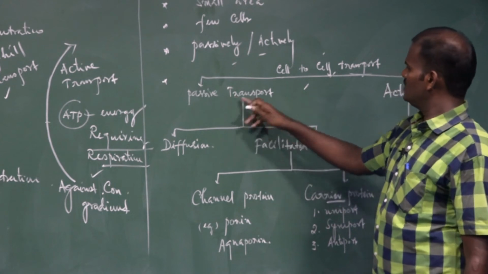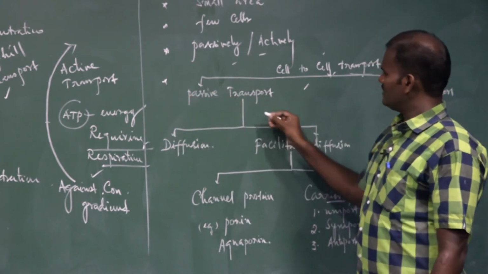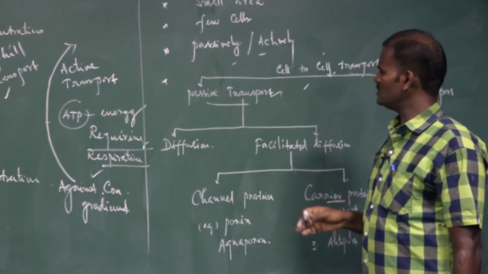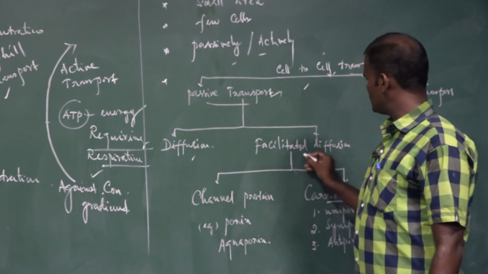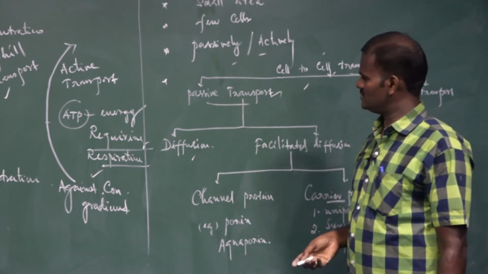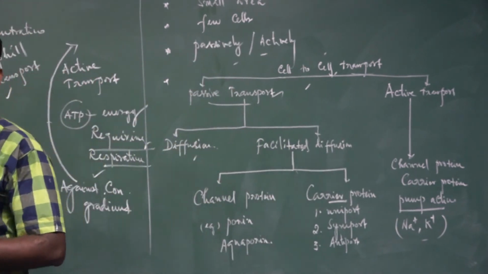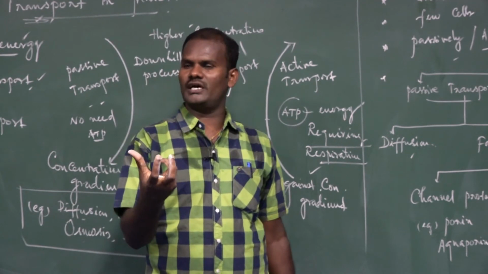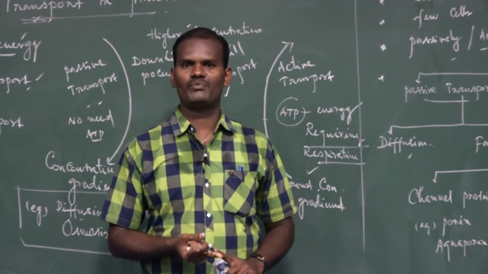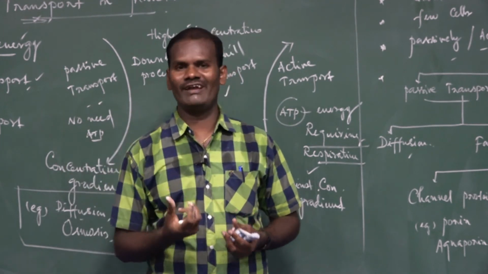Already we know what passive transport and active transport are. You know that passive transport is a slow process. How does that take place? Through diffusion and facilitated diffusion. Now what is called diffusion? For example, when we light a mosquito coil or open a perfume bottle in a closed room, what will happen?